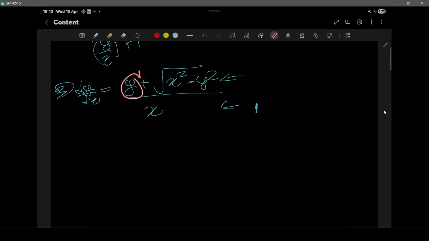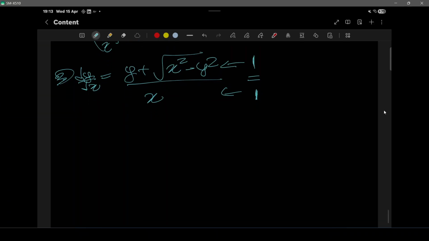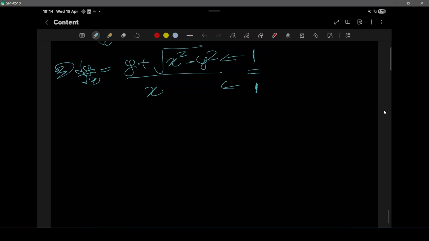Since y is also to the power 1, the degree of the numerator is also 1. Since these are equal, we can say this is a homogeneous equation. When you solve more and more problems, you will easily identify homogeneous and non-homogeneous equations. Remember, this is a first order homogeneous type.